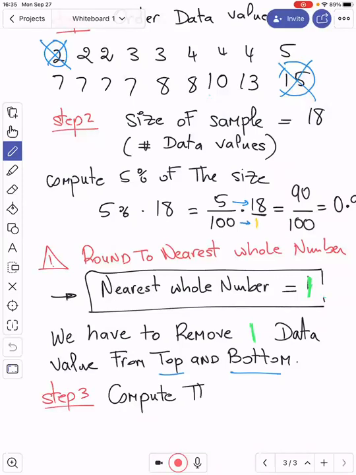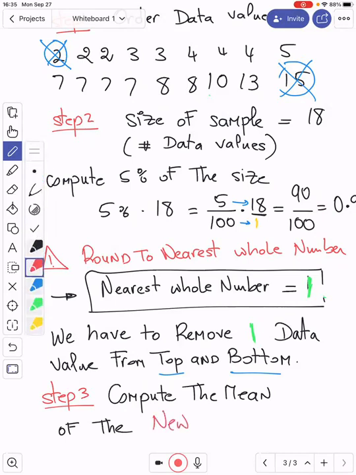Compute the mean of the new data set, the data set after removing the 5% of the largest and smallest numbers.